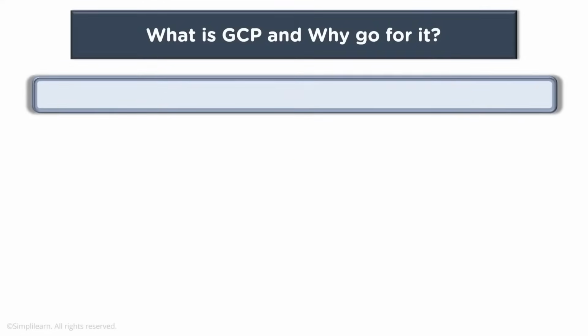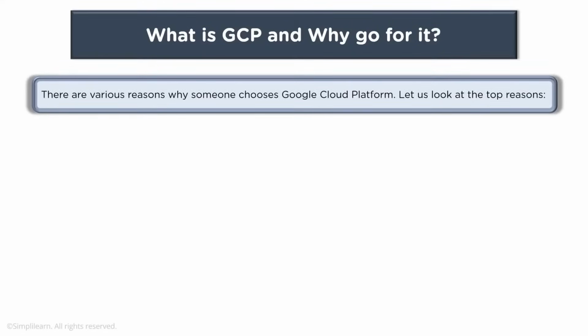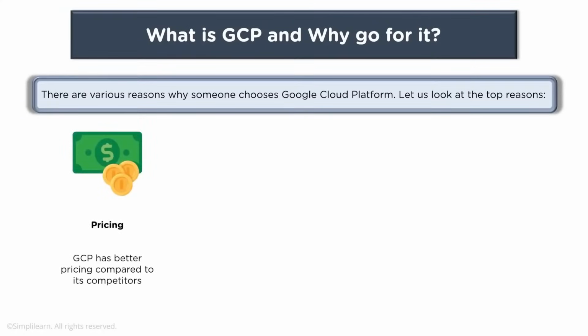There are various reasons why anyone would choose GCP for their use cases. Now let's look at some reasons. When you talk about pricing, GCP has better pricing compared to its competitors, depending on the services you would use, whether that would be infrastructure as a service, such as using Compute Engine instances and running your applications on them, or a managed service such as Dataproc, Bigtable or BigQuery, where you can have your Hadoop clusters running, store huge amounts of data, or even build your data warehouse wherein you can store structured data.